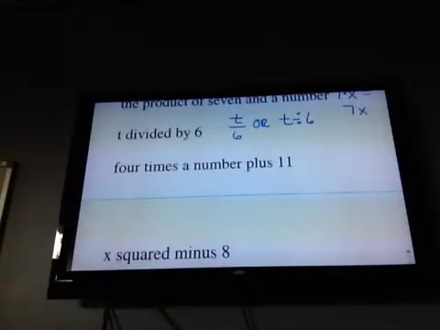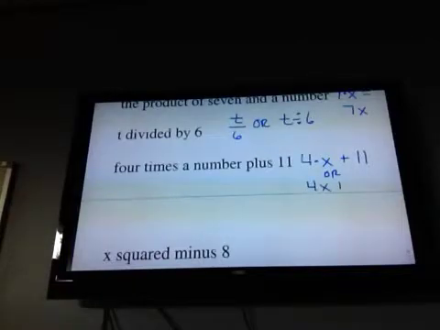All right, 4 times a number, so 4 times whatever letter you like, 4 times a number, plus, and again, people don't mess that up. If it's plus, it's a plus. 11. But again, you don't have to have the times symbol there.